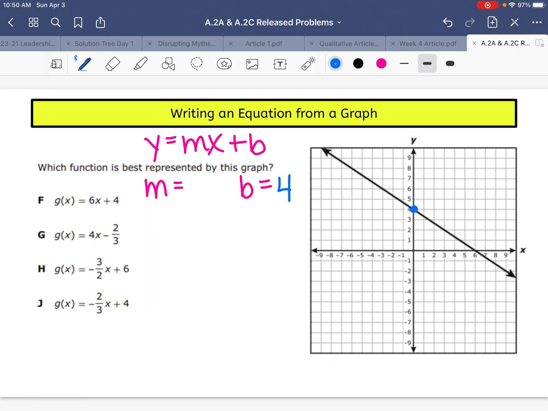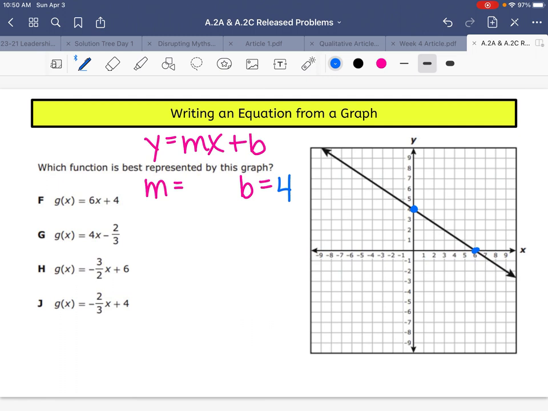To find my slope, I'm going to pick 2 points that are what we call clean points, meaning they go through where there are integer x and y coordinates, like where it crosses in the middle of the intersection. That's what we're going to use for our clean points. So I'm going to use my y-intercept that I've already put the point on, and I see my x-intercept, or my root, of 6.